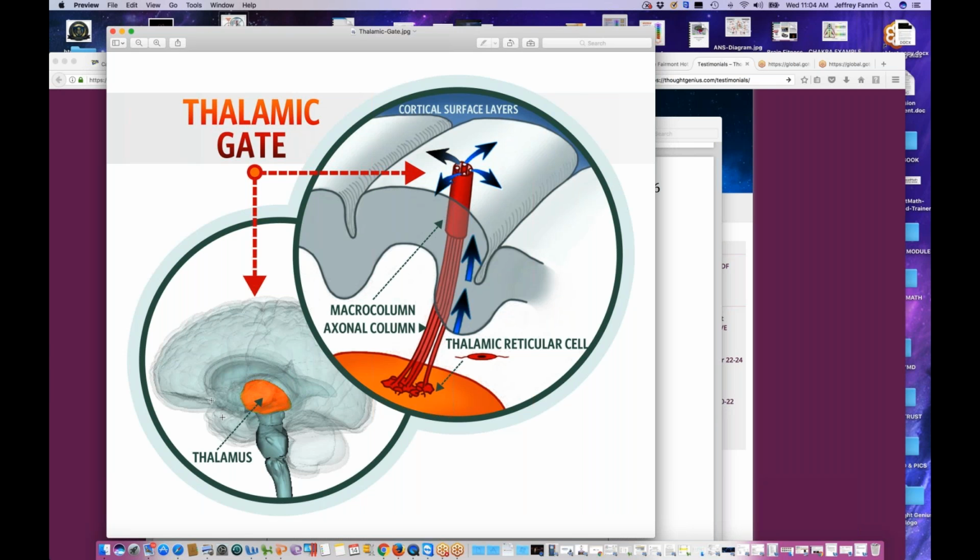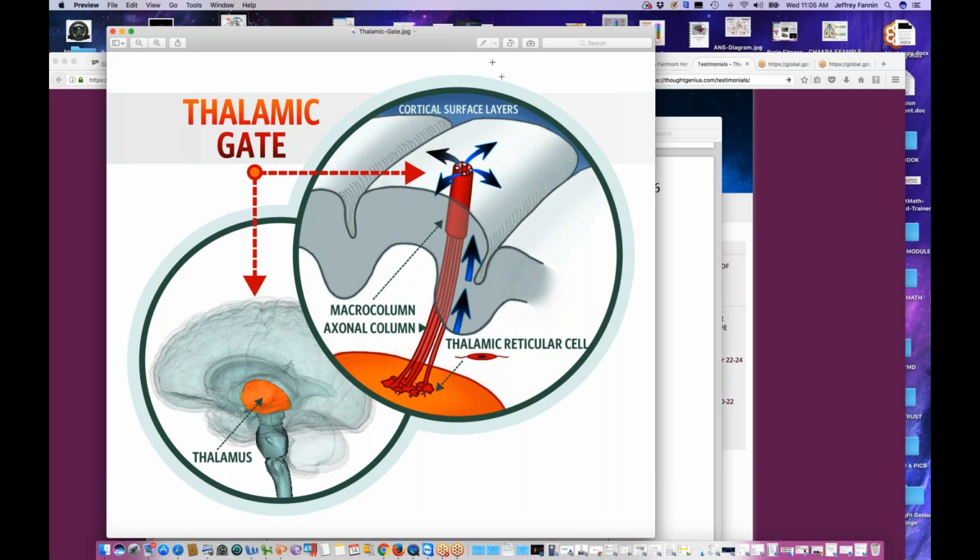This is the subcortex of the brain, our unconscious part, and this is the thinking part, the cortex. At the top center of the thalamus there is a set of what we call reticular cells. The function of reticular cells is to bind to another organ to allow other cells to be part of that. It allows these axonal columnar cells to go from the top of the thalamus up through the subcortex into the cortex and come out at the top center of the head.